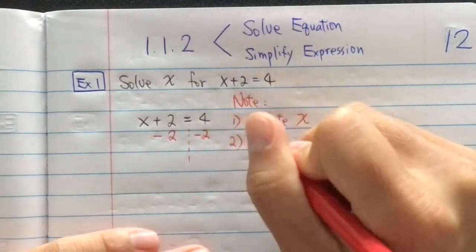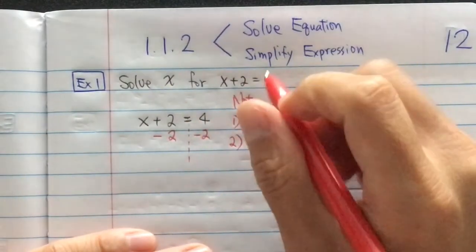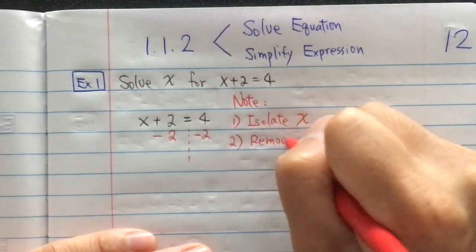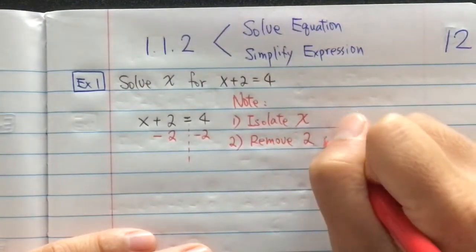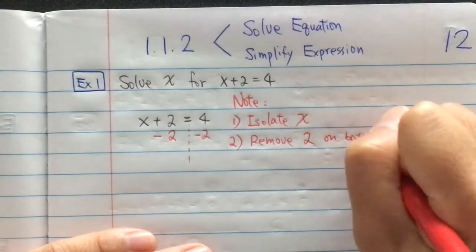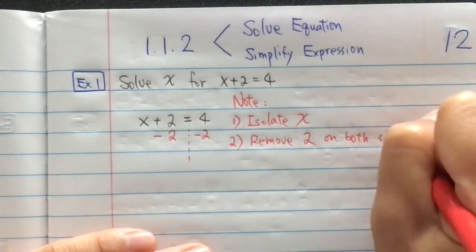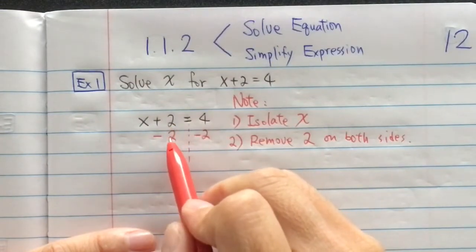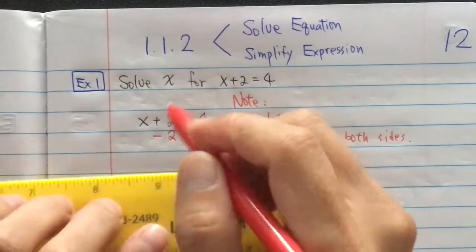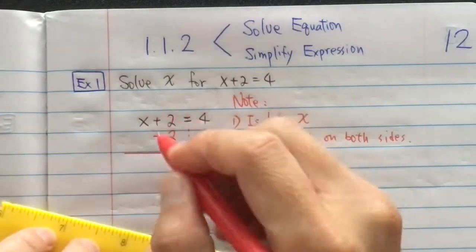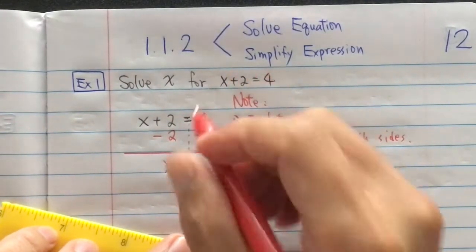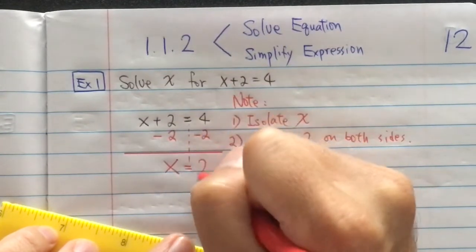But why minus 2? Because we need to remove 2 on both sides. If we remove 2, then everything on the left will be x. Yes, this is our goal, right? Isolate x, and 4 minus 2 equals 2.